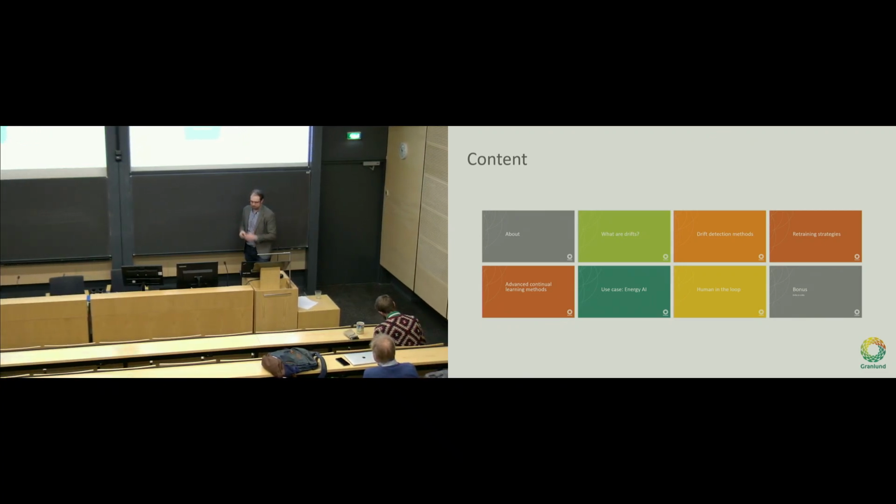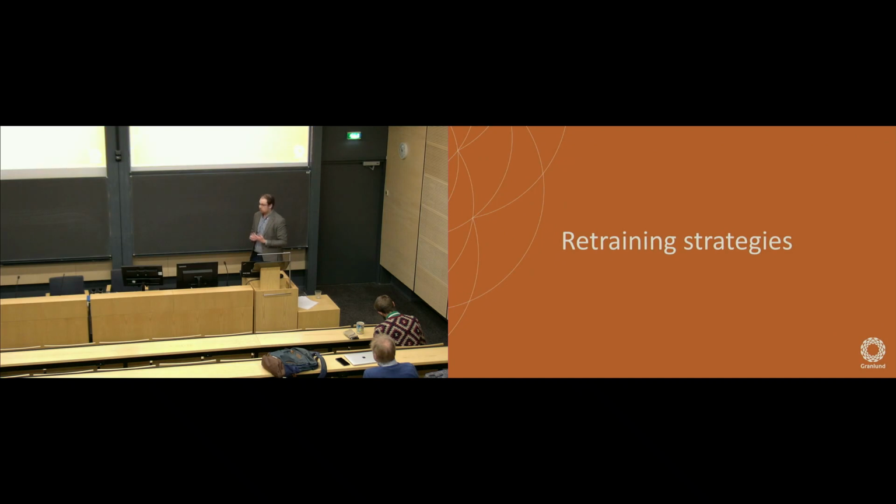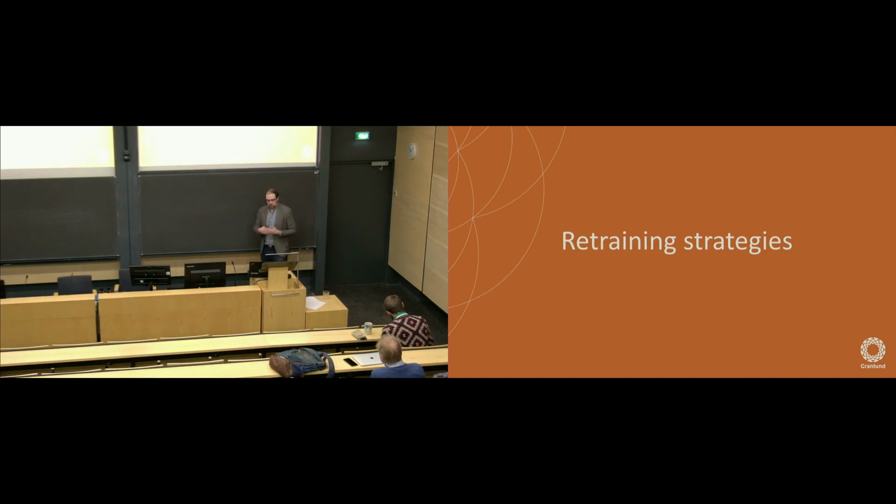You need to do retraining, or it can be a new model, or whatever is right for your use case. But here we focus on retraining strategy. Those methods just detect drifts, but they can be made part of the retraining strategy.